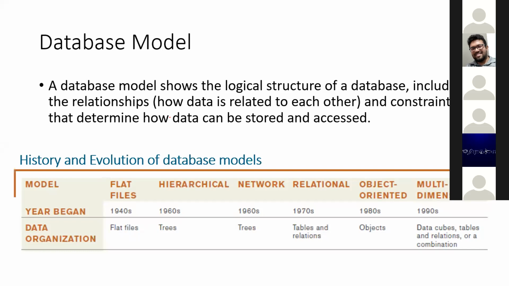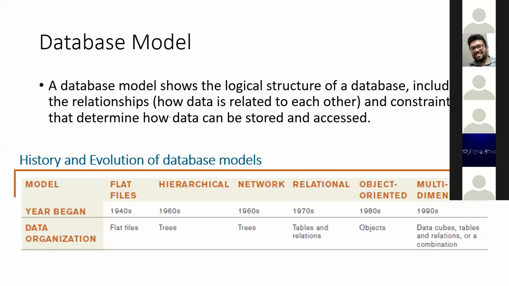Now, you can see the database models had an evolution. Starting from flat files, flat file is not a database model, but you should remember after flat files, with the invention of databases, the first database model in action was the hierarchical database model.